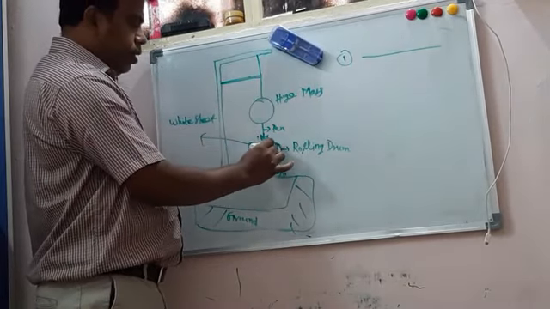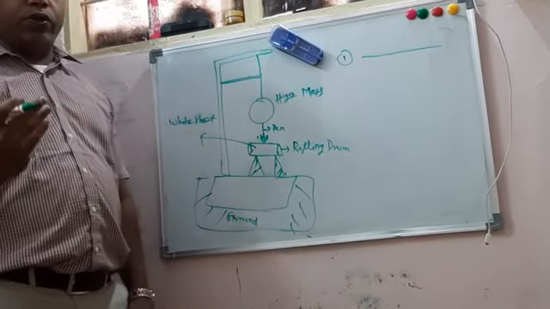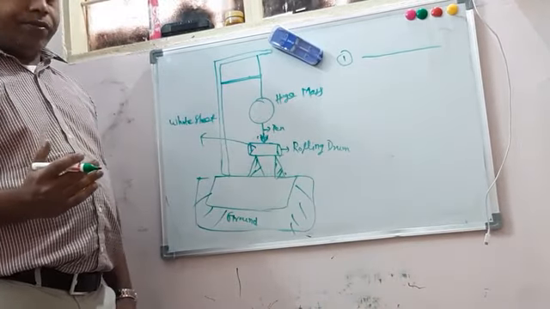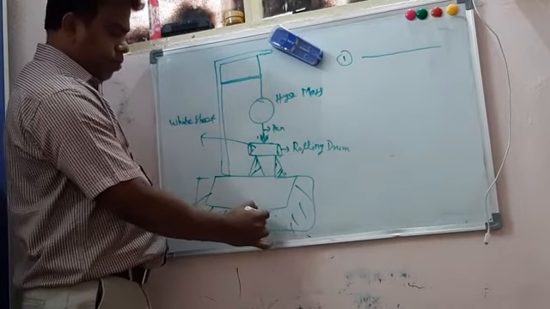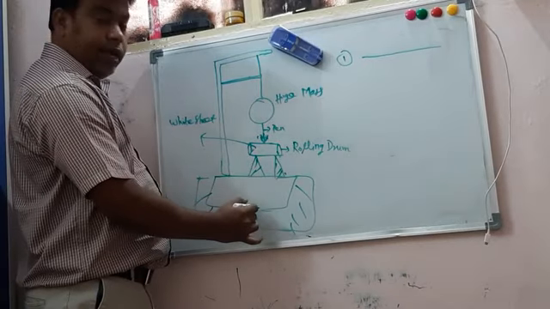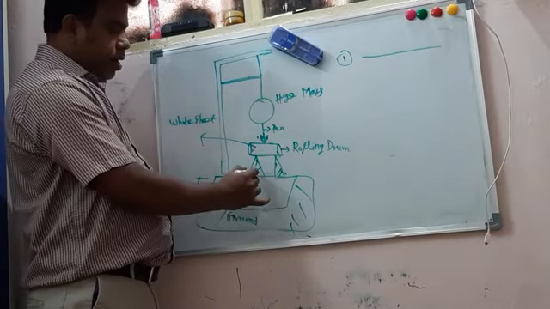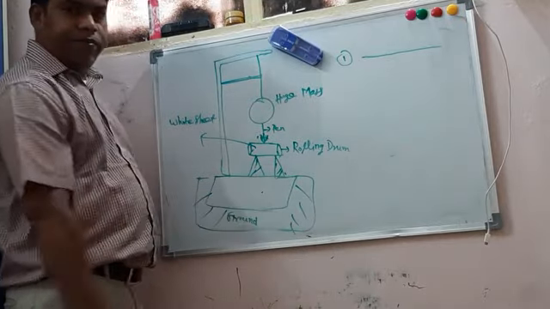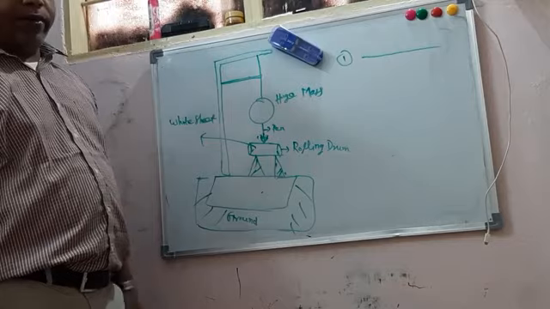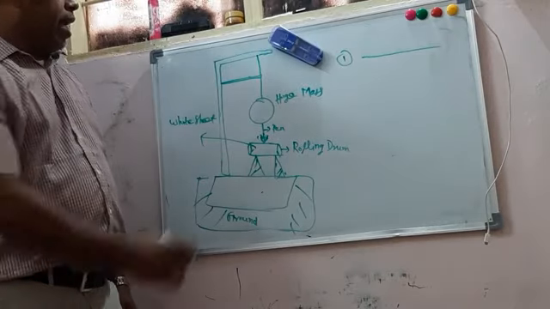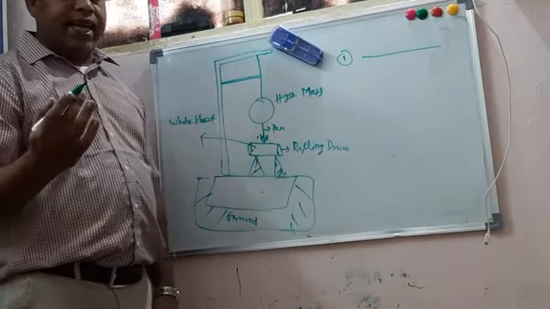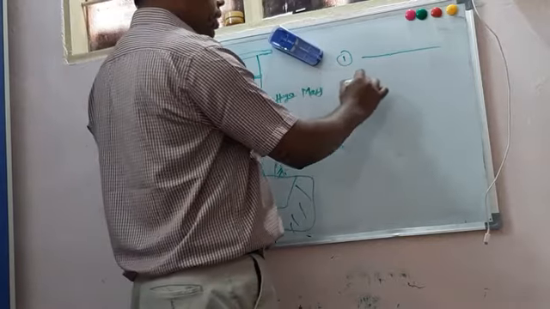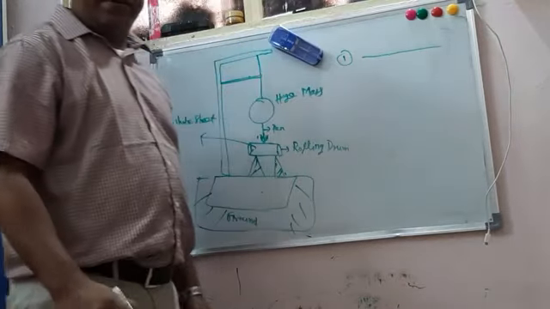Whereas this part, the rolling drum, starts to shake as the earthquake starts, along with the frame in which it is mounted. Okay? So when the rolling drum starts to shake, you will not get a linear line.